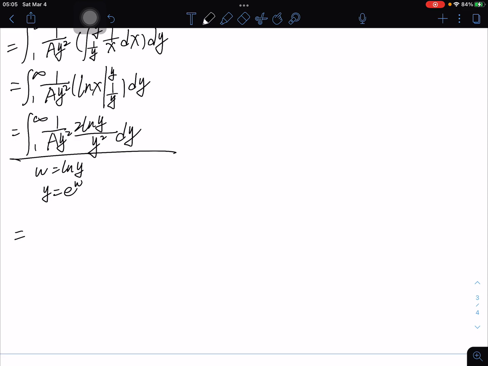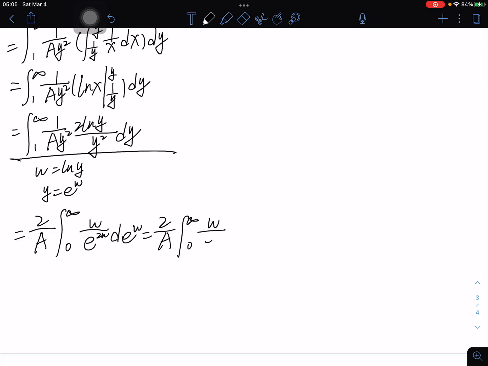I'm sorry, it's actually 2 log y, so it is actually a times the integral from 0 to infinity of 2 w e to the w, e to the w dw, no, sorry, e to the w d e to the w equals a times the integral from 0 to infinity of w e to the w e to the w dw.